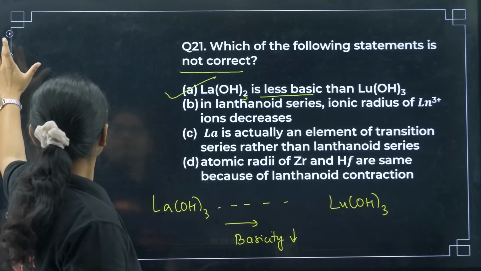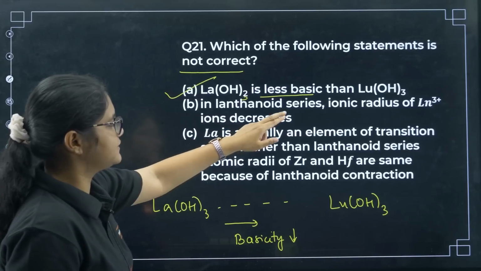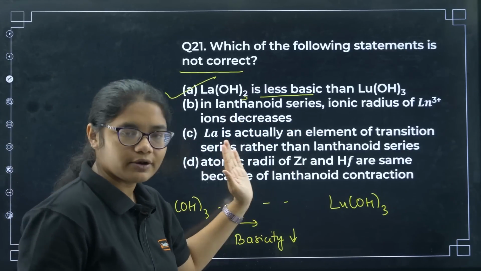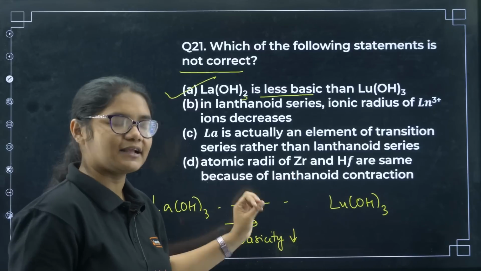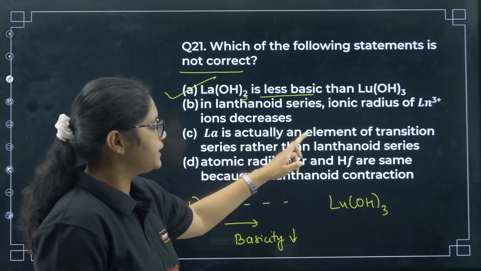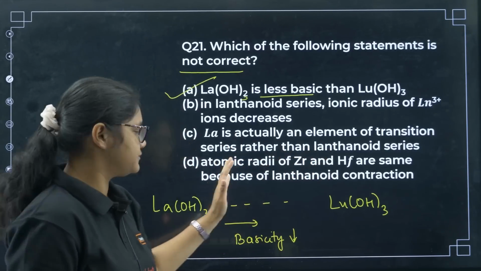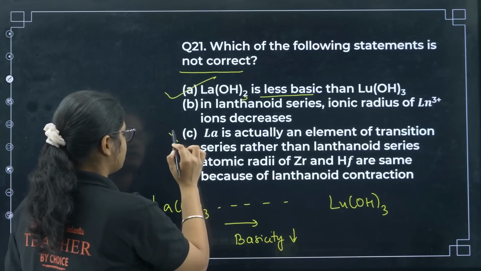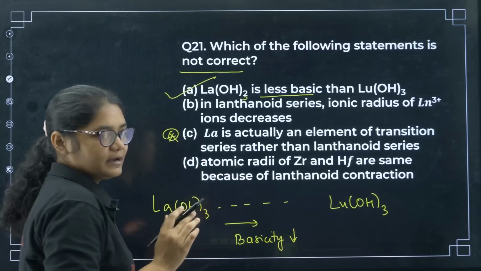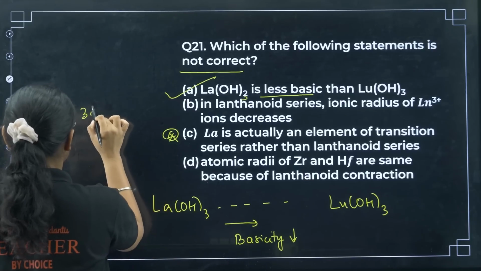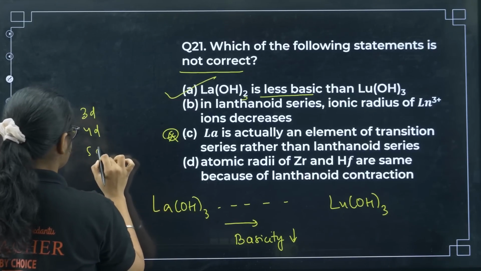Okay. Next, in lanthanide series, ionic radius of Ln3+ ions also decreases. Yes, whether it is Ln or Ln3+, along the period the size will decrease. La is actually an element of the transition series rather than the lanthanoid series. Yes, this is a very important statement. Remember, lanthanum, okay, you have 3d series, 4d series, 5d series.